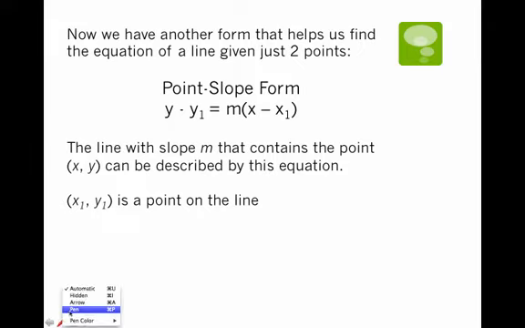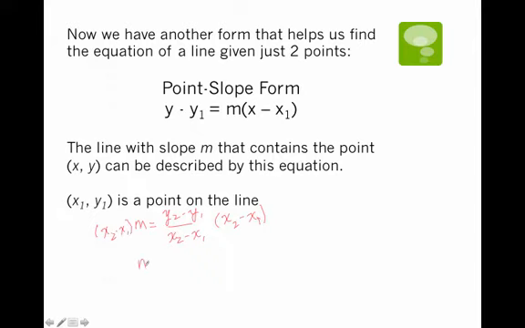And just to show you that I'm not completely making this up, this is more for information. I don't need you to be able to show this to me again. We have our slope equation that says the slope equals y2 minus y1 over x2 minus x1. That's our rise over our run. Well, if I multiply both sides by x2 minus x1, what I get is m times x2 minus x1 equals y2 minus y1, because of course these cancel each other out.